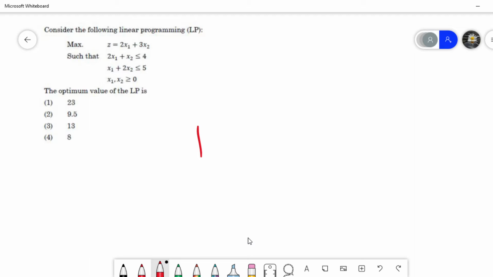So the first constraint is 2x1 plus x2 less than or equal to 4. So we are going to add the slack variable: 2x1 plus x2 plus s1. So s1 is the slack variable here.